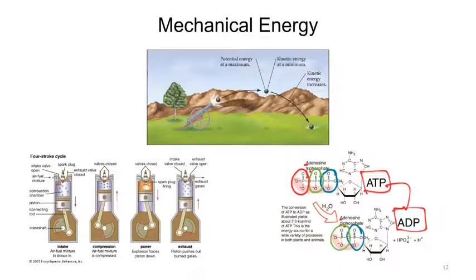The simple removal of that one phosphate group happens to release enough energy that we exist. That simple bond being broken from ATP to ADP produces enough energy to drive the vast majority of our biological reactions, allowing us to exist as humans. Kind of neat.